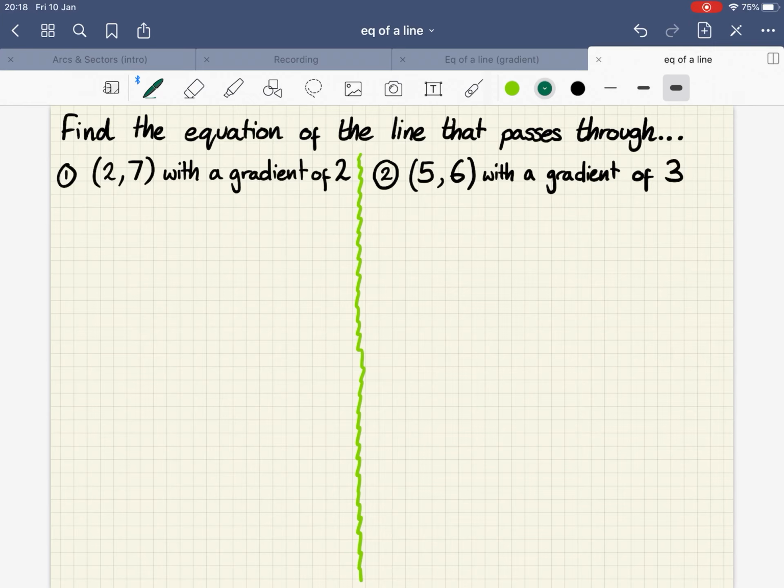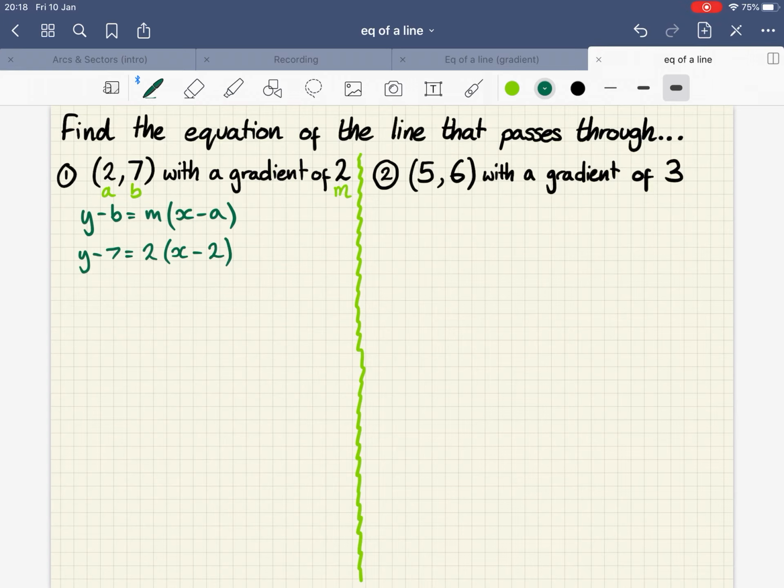So to start off with, I'm going to write out my formula, y minus b equals m bracket x minus a. So my m is always my gradient, and then a and b, I think it's always in the order that you read it. So that means I've got y minus 7 equals 2 bracket x minus 2.